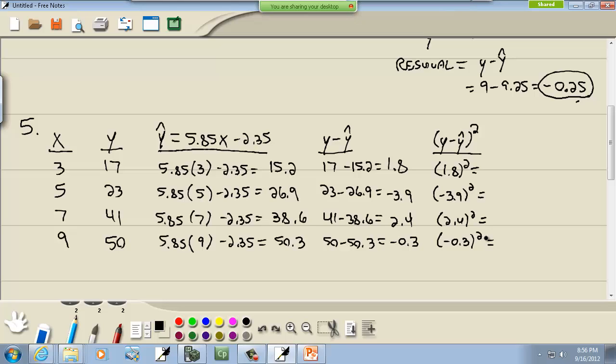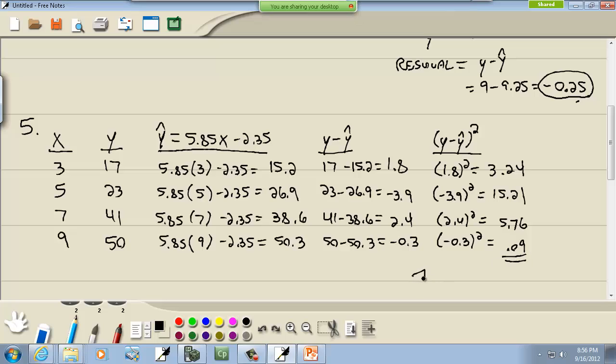Whenever you square something, it's always positive, so you don't even need to worry about sign. You know it's going to be positive. 1.8 squared is 3.24, and this one is 15.21, 2.4 squared is 5.76, and 0.3 squared gives us 0.09.